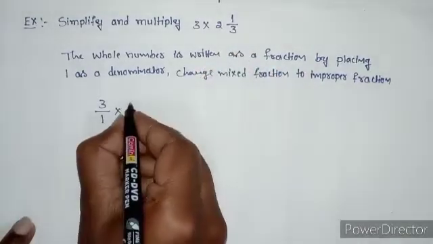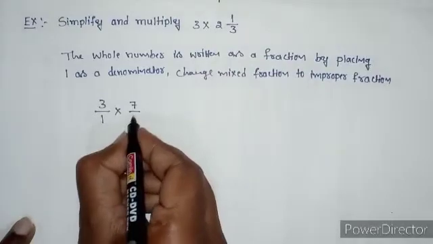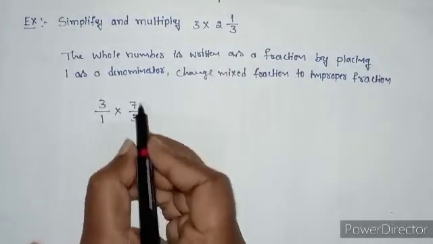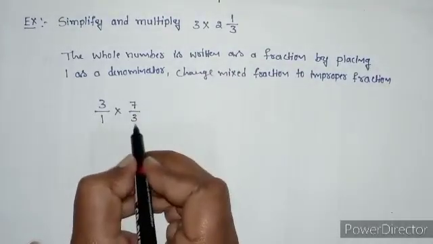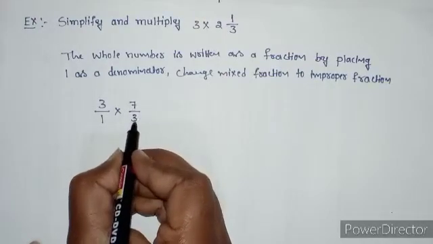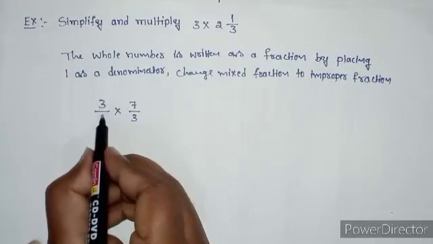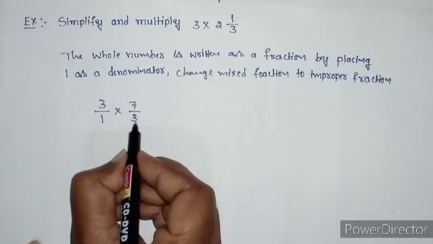So write 7 here. Write this denominator as it is here. Now it will become improper fraction, right? Because here numerator is more, denominator is less now, right? So now we got 3 over 1 into 7 over 3.